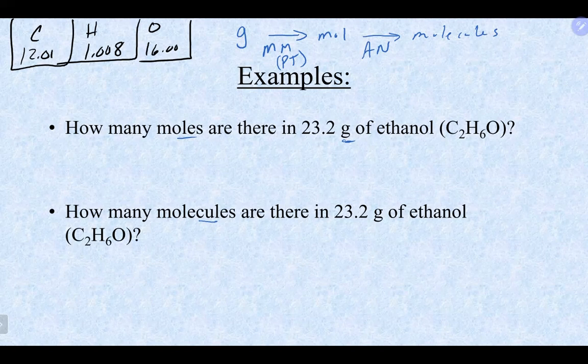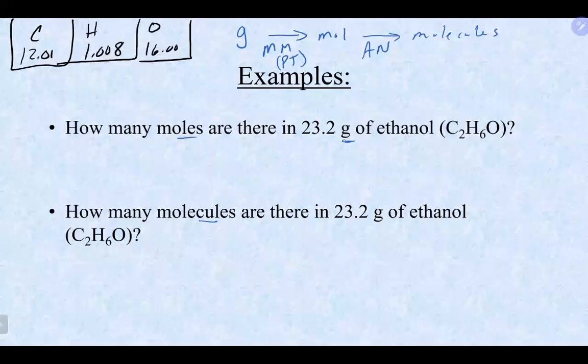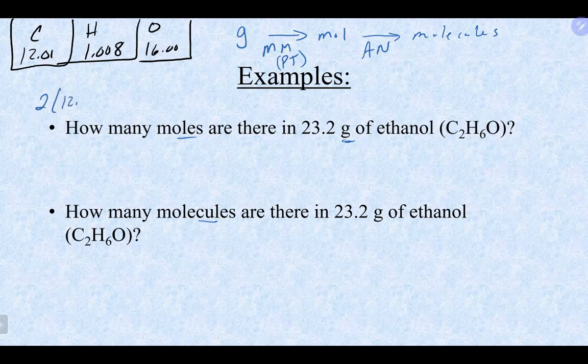That means starting with the first one, we do need the molar mass. And again, we would go to the periodic table and add up all the parts. So there are 2 carbons, each at 12.01. We have 6 hydrogens, each at 1.008. And we've got an oxygen at 16.